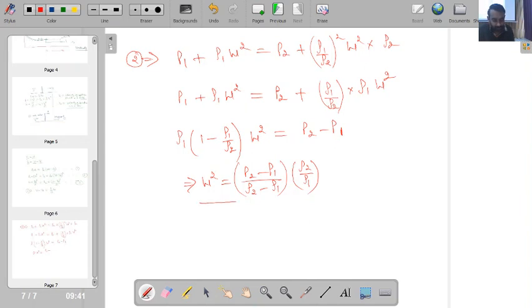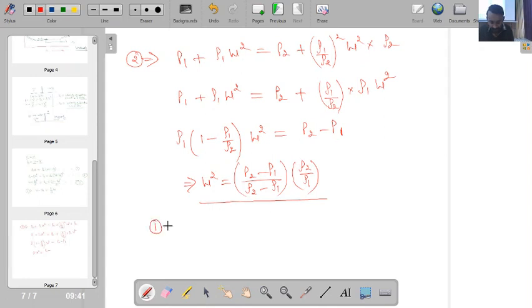Using this equation, I can relate W, the wave velocity, as a function of pressures and densities.